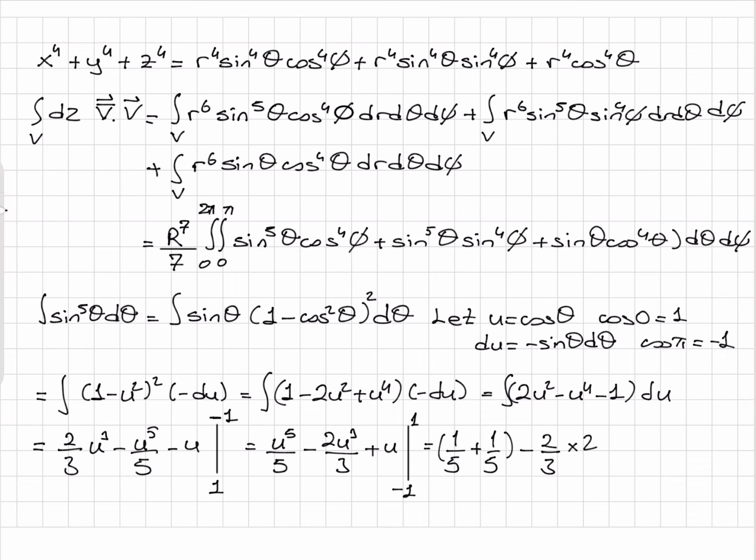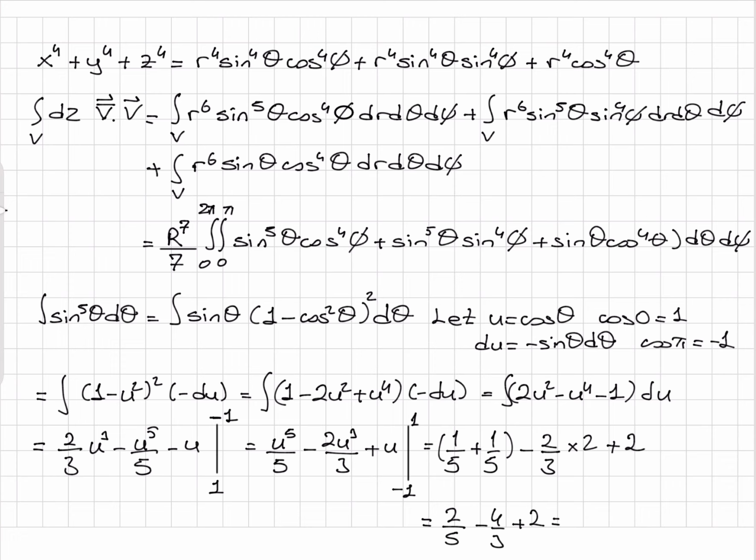And then I have minus u, which is plus u, which is plus 1 minus minus 1, that is 2. So this will give me 2 over 5 minus 4 over 3 plus 2.